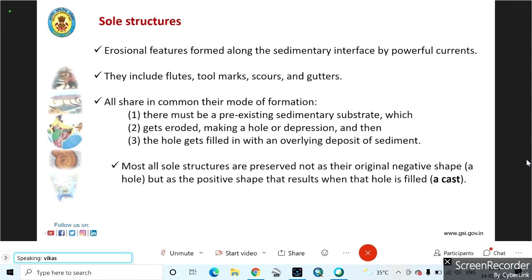Then there are some sole structures. Sole means they form at the bottom part of the sedimentary beds. All these sole structures are erosional features along the interface of the sedimentary beds, forming due to powerful currents, for example flute or tool marks or scours or gutters.